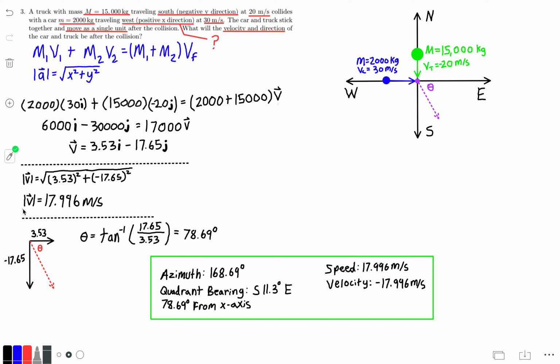And of course, this is the magnitude of the velocity, so it doesn't have a direction. But if we think about our collision here, and if we think about our much, much greater mass of the truck, we can project that it is going to be traveling in the negative direction, and hence our velocity would be this negative 17.996 meters per second here.